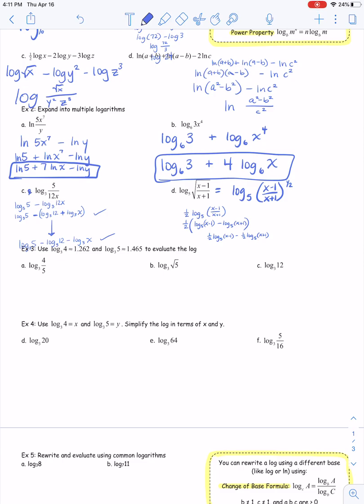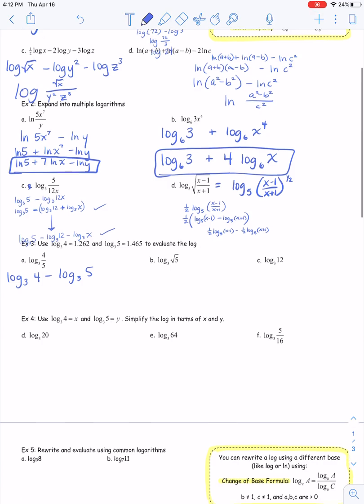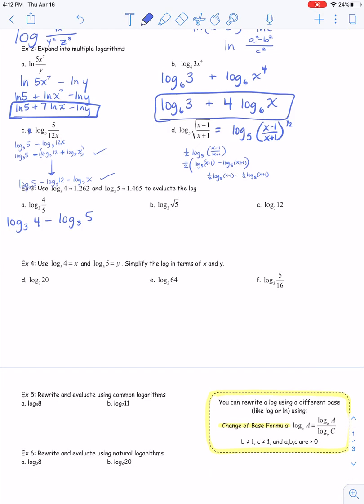So for the first one, I see log base 3 of 4 divided by 5. Well, I know that when I'm dividing, that's going to turn into a subtraction problem. So this is really log base 3 of 4 minus log base 3 of 5, which is perfect because I know the approximations of both of those terms. I know that the log base 3 of 4 is 1.262, and I know that the log base 3 of 5 is 1.465.